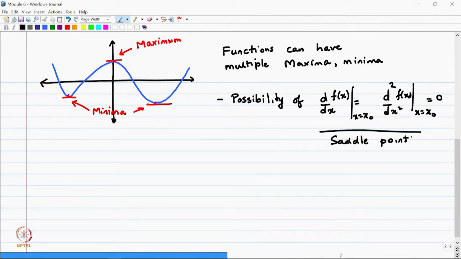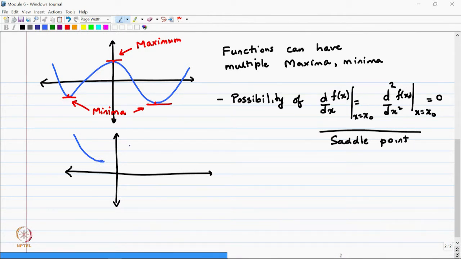And as the name says, this has a slightly different shape. So, a saddle point, I will just show one saddle point. So, if you have a function, the slope is 0 at this point.